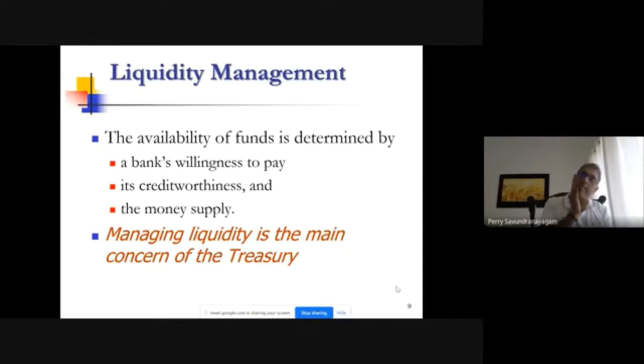Like we said earlier, currently in Sri Lanka most banks are liquid and ratings are decent, so I don't think the first 2 points are a problem. And also the third point, there's plenty of liquidity in the market at the moment.